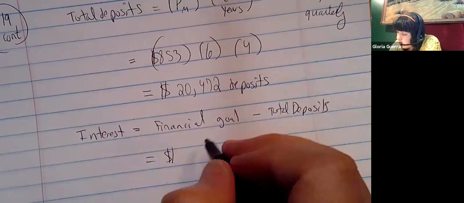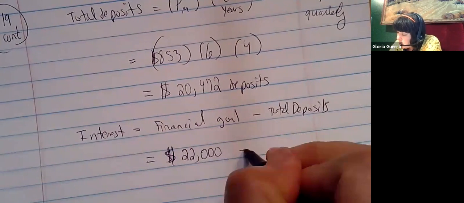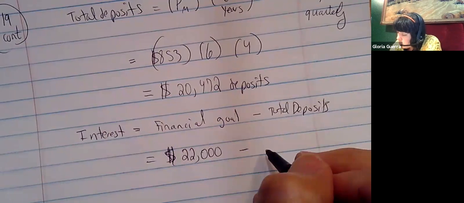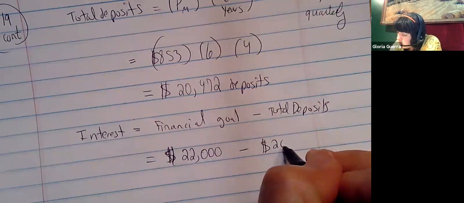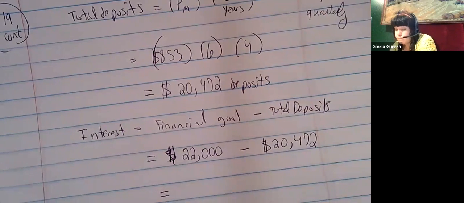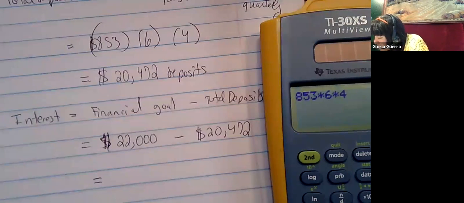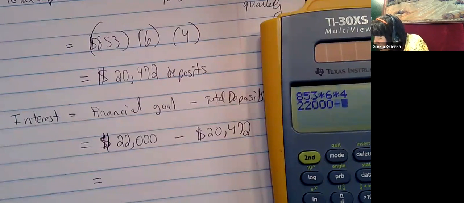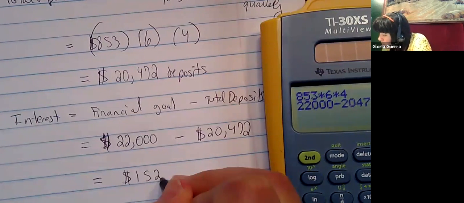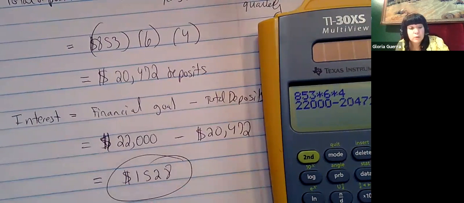Our financial goal, remember, was 22,000, minus your total deposits, 20,472. So 22,000 minus 20,472 is 1,528.